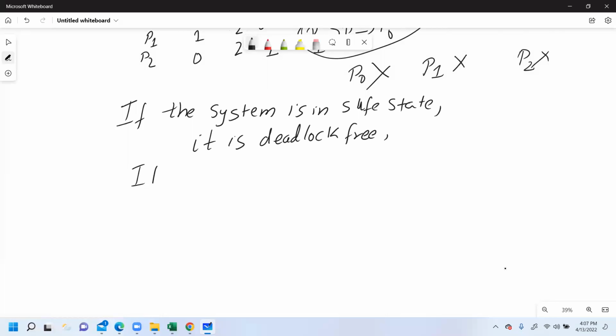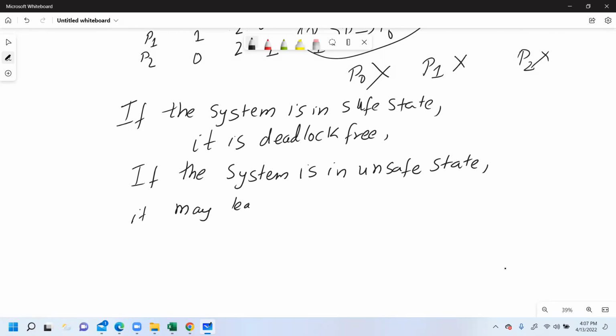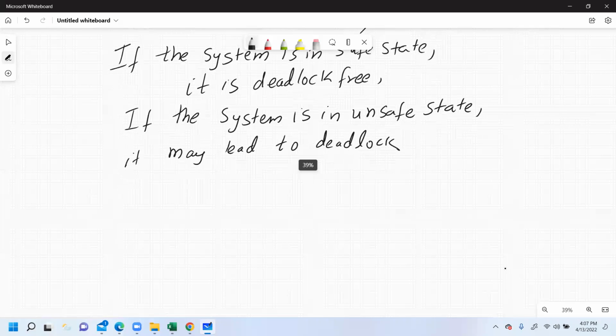If the system is unsafe, there is no possible sequence which can guarantee that the resource requirements of all the processes are met, then it may lead to deadlock. I am not telling that it will lead to deadlock. This is the right word, I think: it may lead to deadlock.